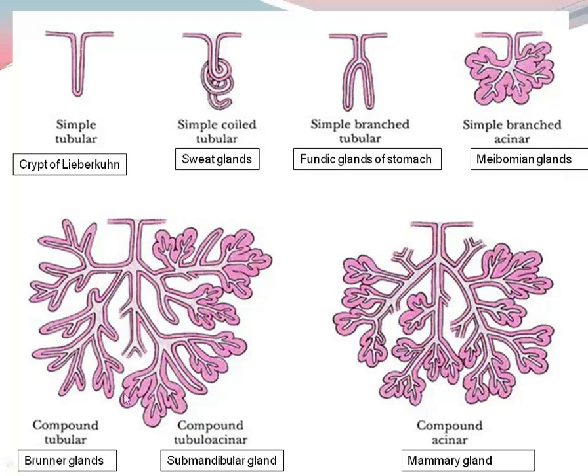Now these two are the compound glands. You can see here Brunner's glands, submandibular glands and mammary glands. Among these we are interested in the submandibular glands. Here there is a tubular gland. The secretion is in the form of a tube and they are connected through a long network of ducts and poured outside. In this case they are alveolo-tubular glands.